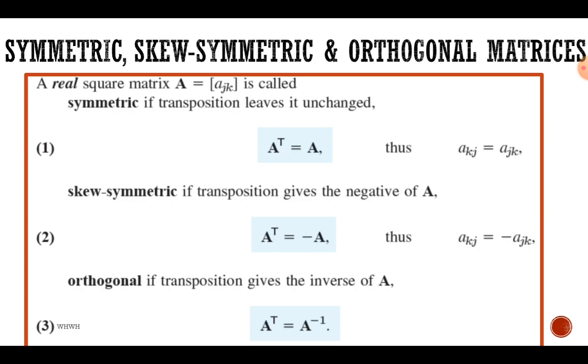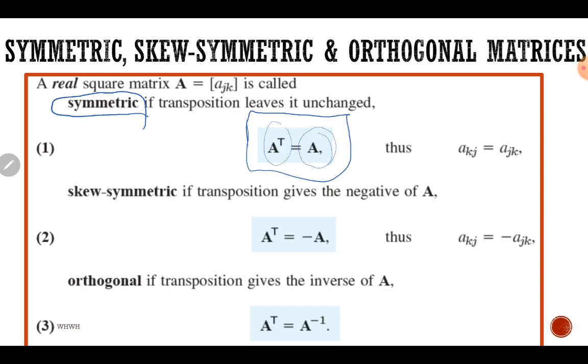Okay, so the first type of matrix is a symmetric matrix. Symmetric matrix ni kita boleh tahu, or we can identify it, when we are able to show that A transpose of that matrix is equals to that matrix.